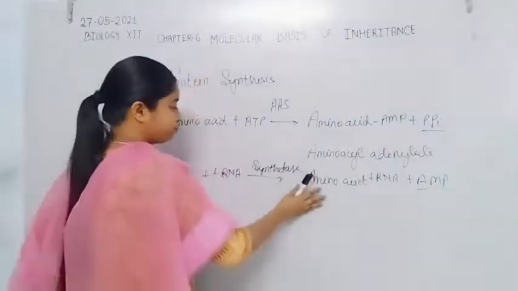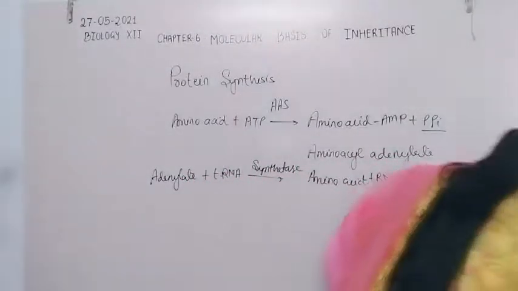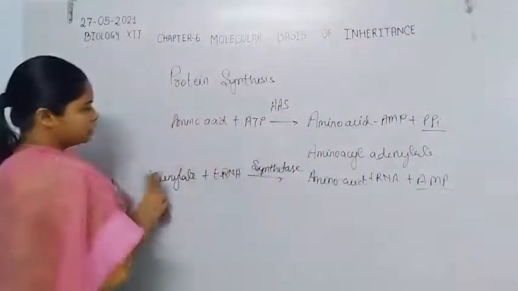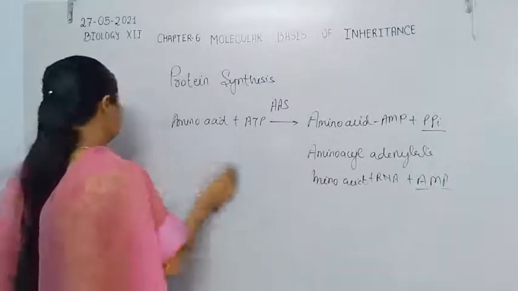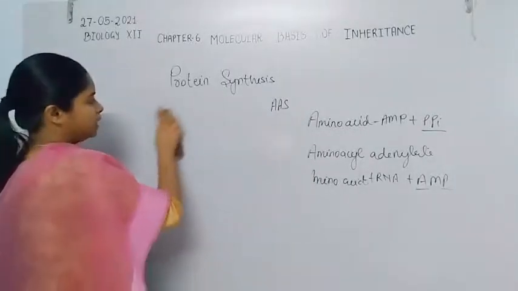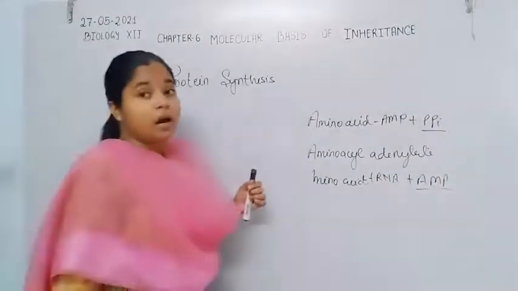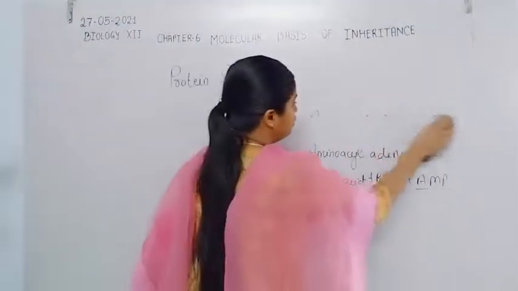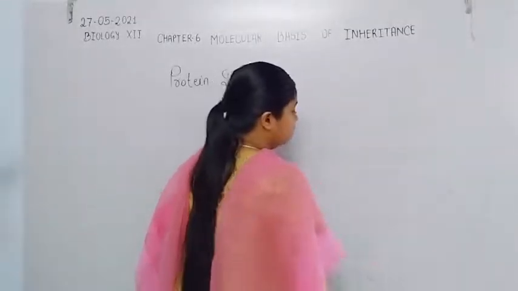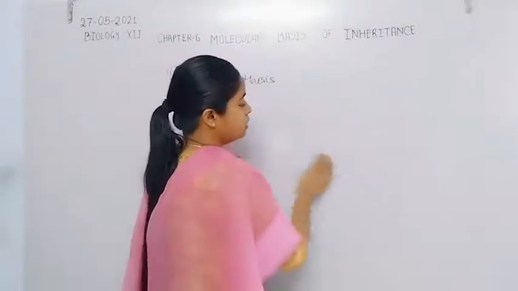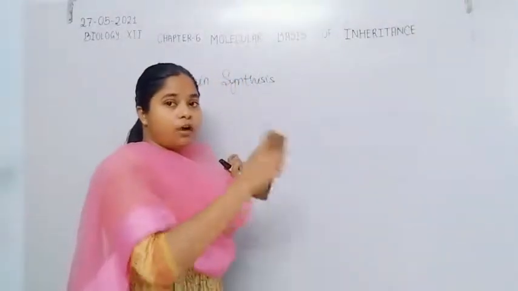So the reaction needs 20 types of synthetase enzyme for activation of the 20 types of amino acid and transfer of these amino acids, because each and every amino acid is structurally specific and dissimilar from the others.